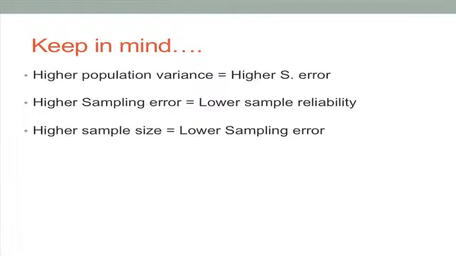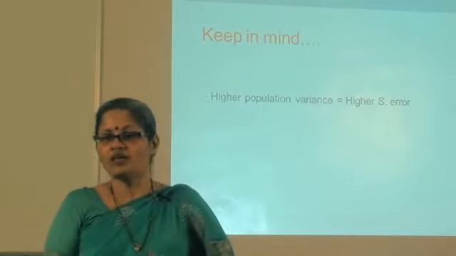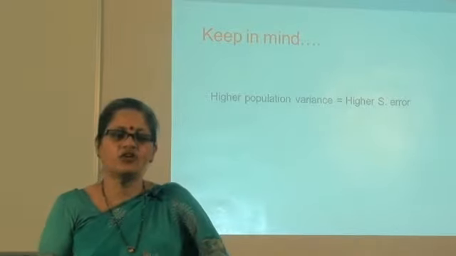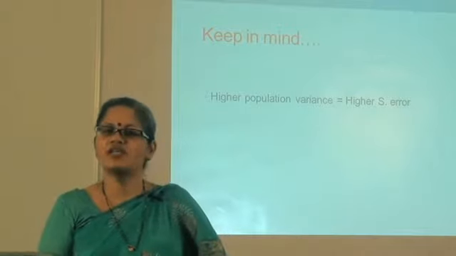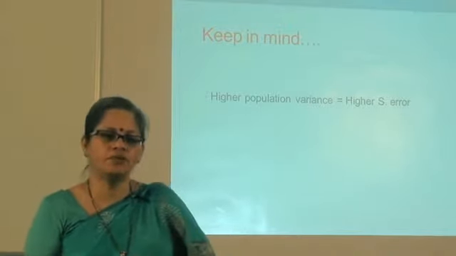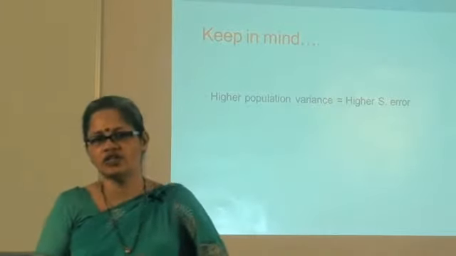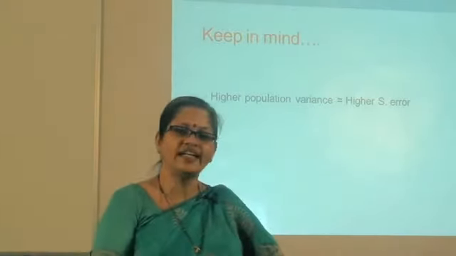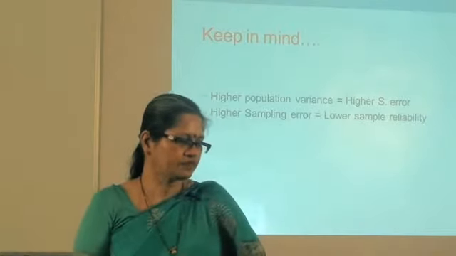If there is a lot of variation in your population, then there is high sampling error, because on that basis your generalizations cannot be done. Because of variation, the responses given by the people in your sample will vary, and therefore whatever conclusions or solutions or findings you get, it will be difficult to generalize.